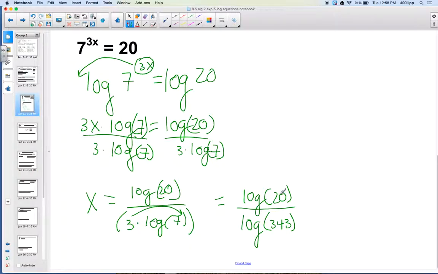So if we do either one, log of 20 divided by log of 343, then we'll get x to be about 0.5132. And also, again, you can plug that back in and check your answer to make sure you get 20.